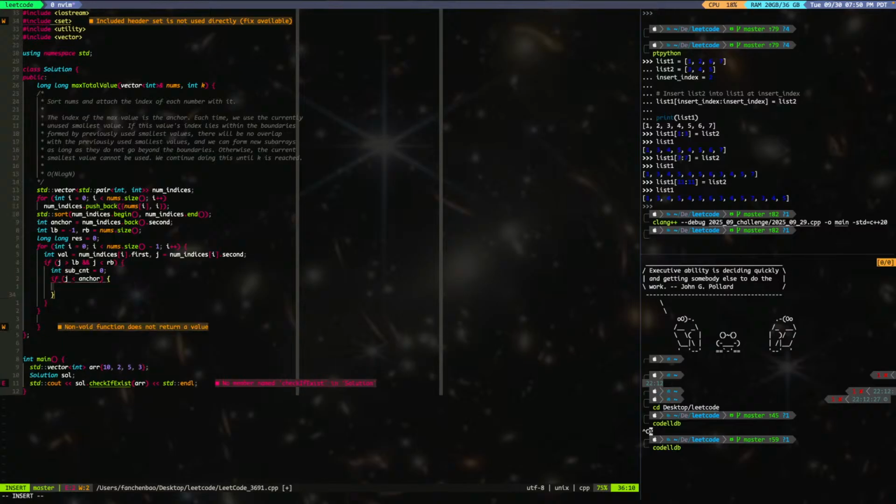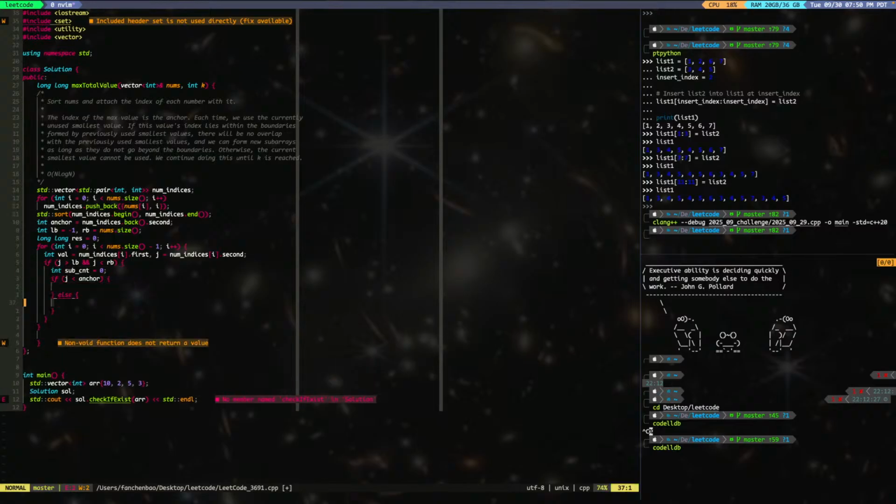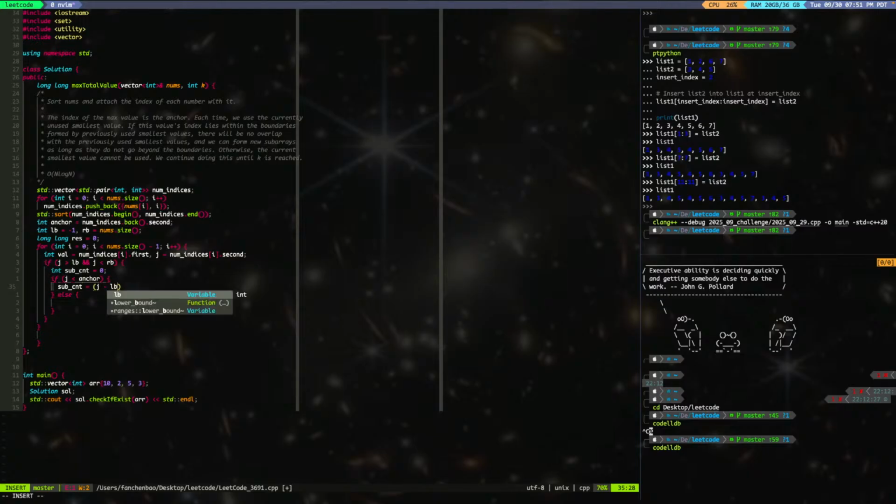So if j is smaller than anchor, it's going to be the total number from j to the anchor, but j to the left bound. The left bound cannot be taken, right? So it's going to be j minus left bound multiplied by right bound minus anchor, right? Right bound minus anchor.